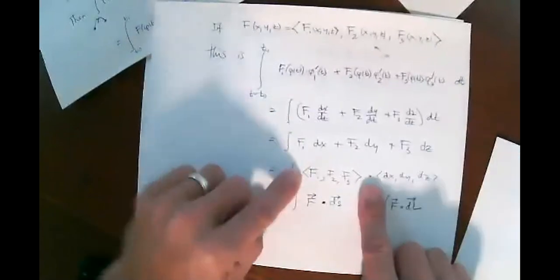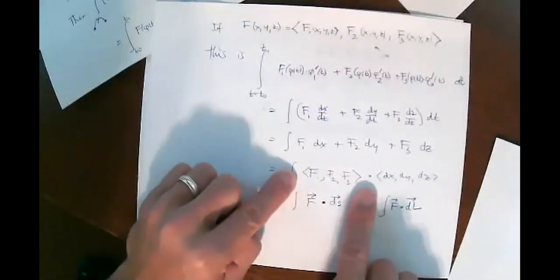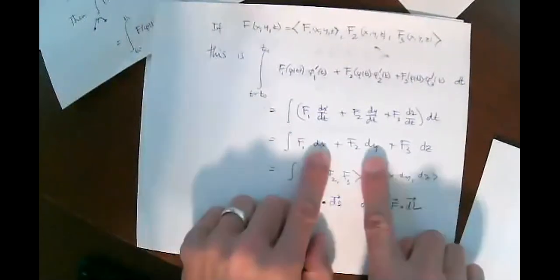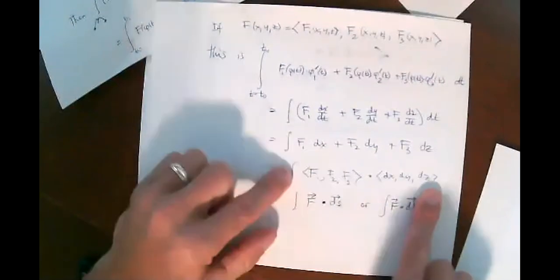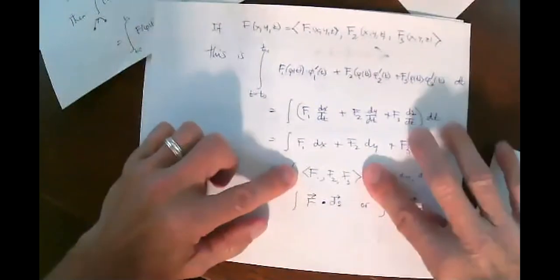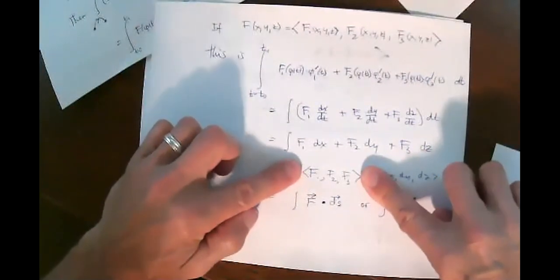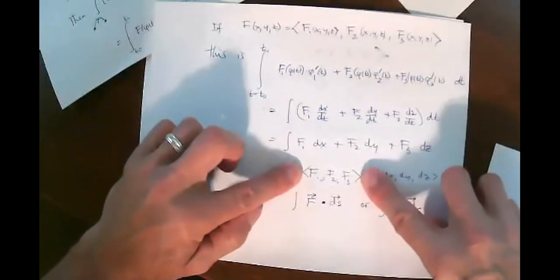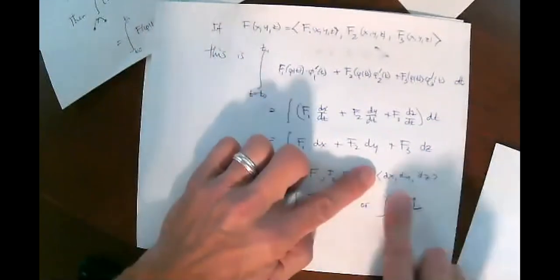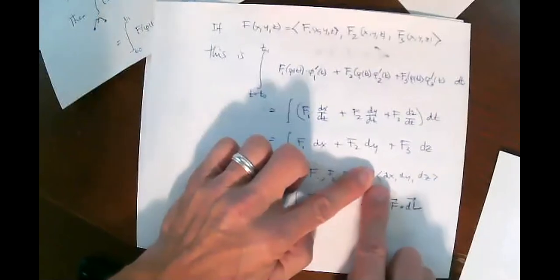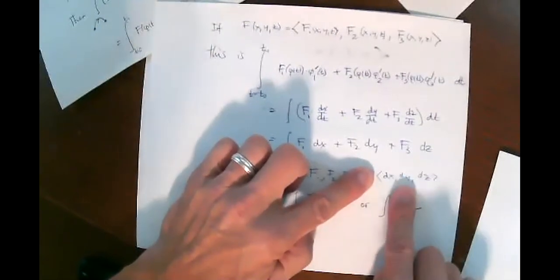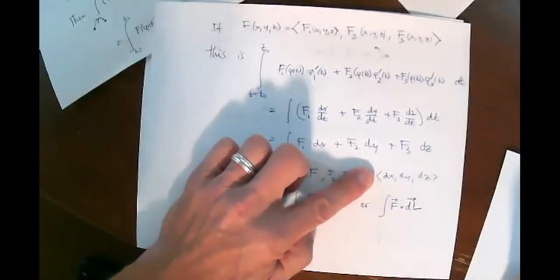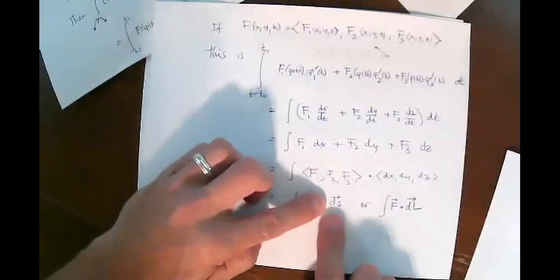You could go back to the dot product notation. You will see people write it this way sometimes. They just gather together the f's and they gather together the differentials. And the main reason for doing that is you say, well, duh, if you just take the vector that has those 3 components, that is exactly what the vector field f was in the first place. And if this means a vector of a small displacement in the x direction and a small displacement in the y and z directions, well, it's just a small displacement vector.